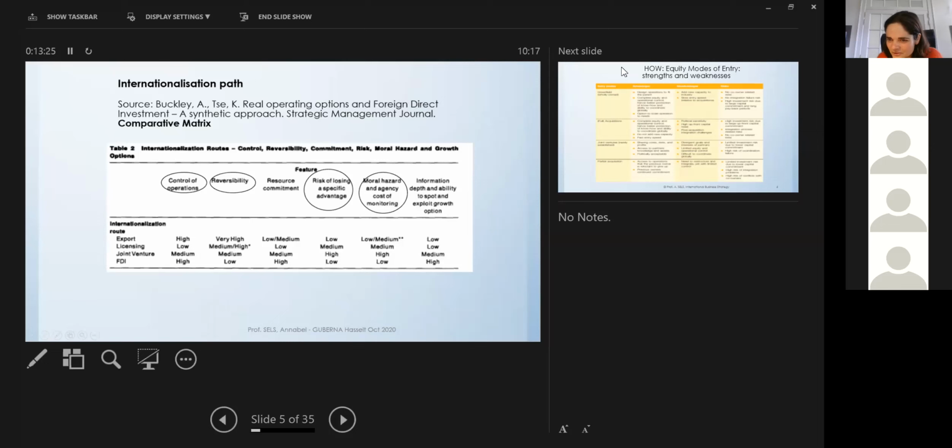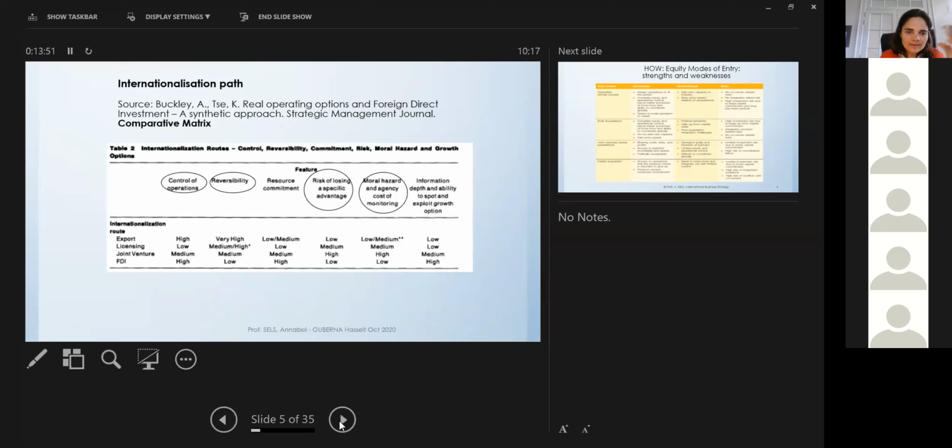So what is interesting here is, you can model it as hierarchical, or as an increasing amount of control, less reversible, a higher risk of losing specific advantages, and higher risk of moral hazard. So take that into account if you look into your choice of entry modes.